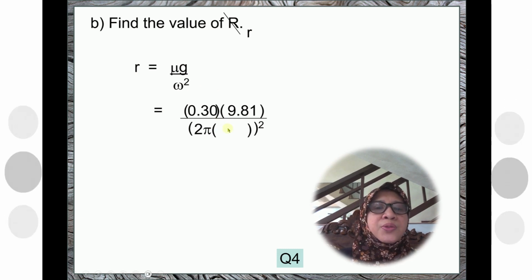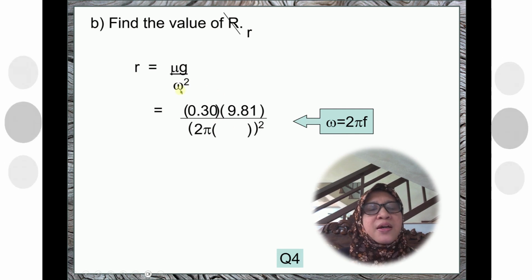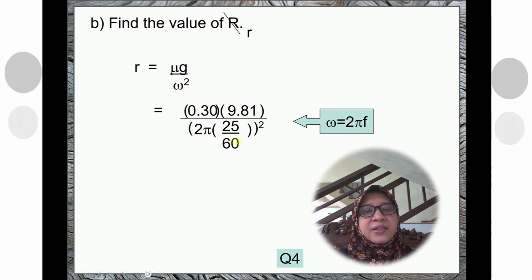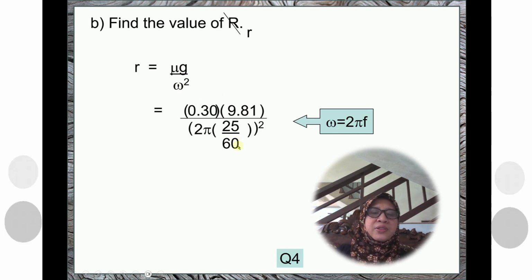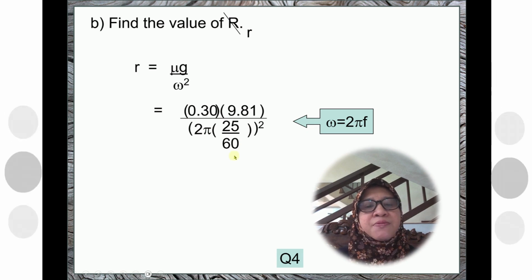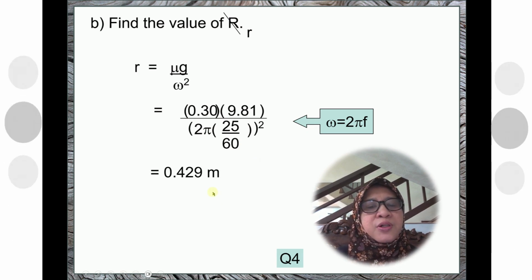We convert using omega equals 2 pi f, and the minute we convert to seconds: 1 minute is 60 seconds, so 25 over 60. We get 0.429 meter.